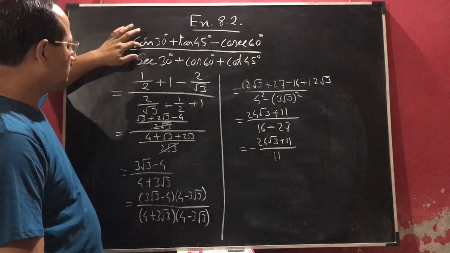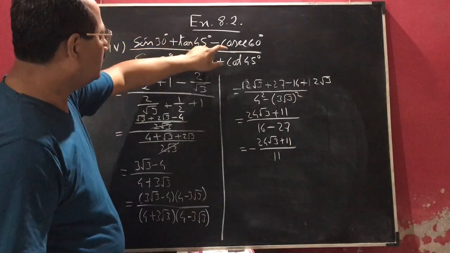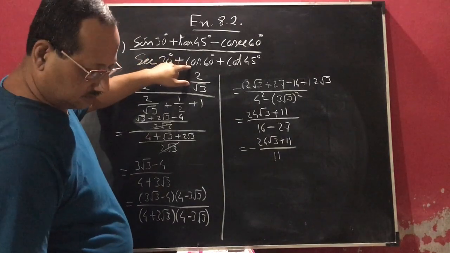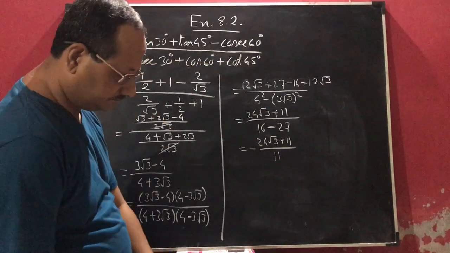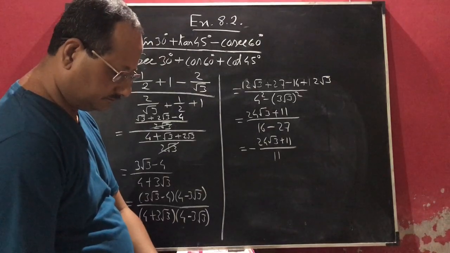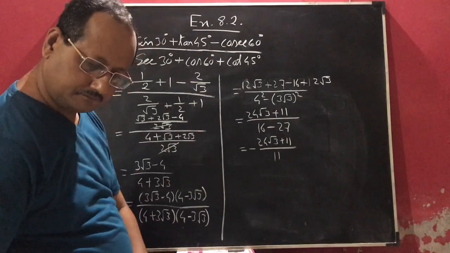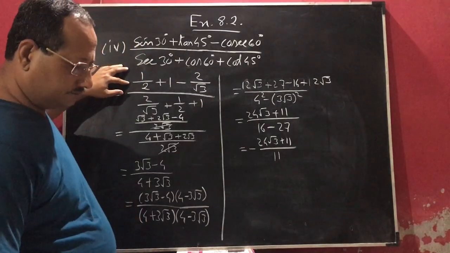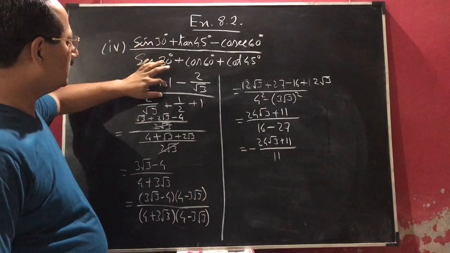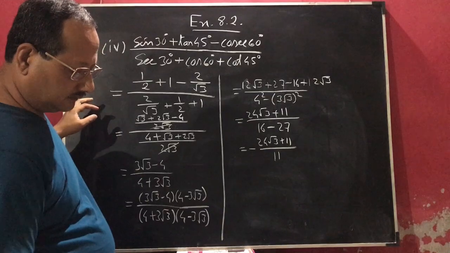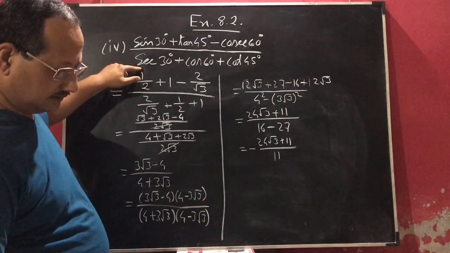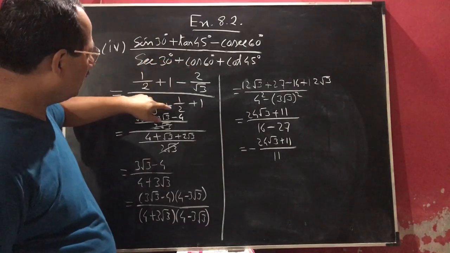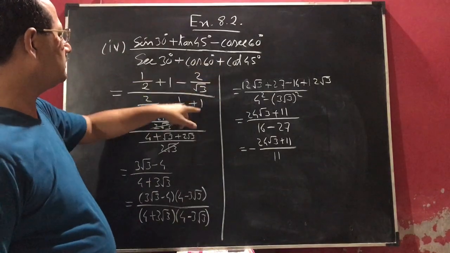Sin 30, tan 45, cosec 60, sec 30, cos 60, cot 45. Sin 30 is half, tan 45 is 1, cosec 60 is 2 by root 3, sec 30 is 2 by root 3, cos 60 is half, and cot 45 is 1.